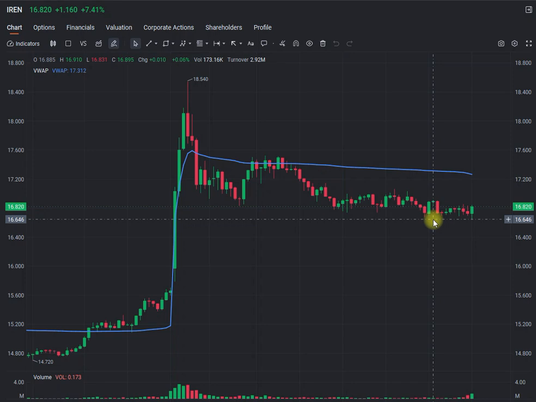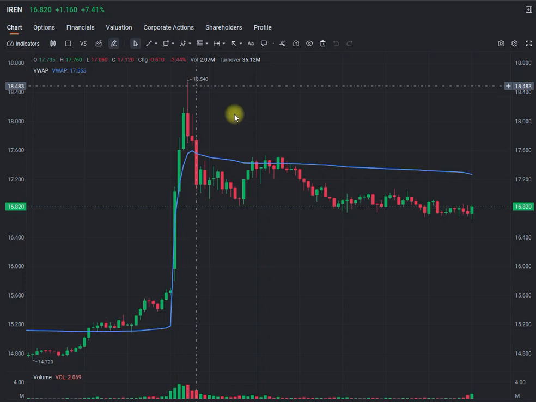What is the target of the trade? And this is now getting important. Because on paper, the target of each trade is at least the highs of the day. So if the stock is trading now at 16.80, highs of the day are, as you can see here, let me bring in the highs, 18.50. So that's 70 cents.